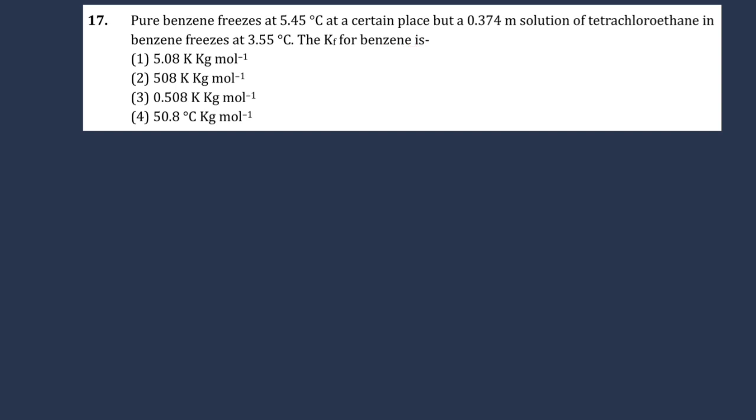We know that the freezing point depression delta Tf is equal to i into Kf into molality. Pure benzene is the solvent, and tetrachloroethane is an organic compound, whose i value is 1, as it does not undergo dissociation or association. Kf value we have to find out, molality is given.